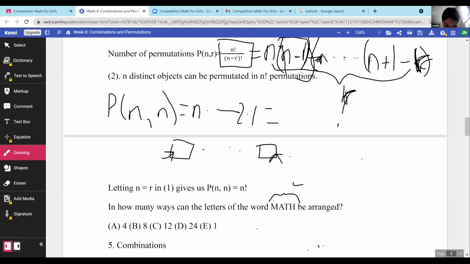There's 4 letters, and then that's P(4,4), which is 4 factorial. So that's 24.